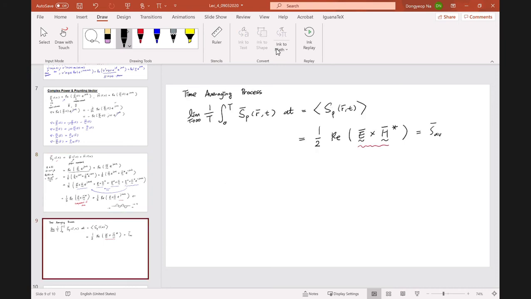Then we are going to define this as a complex power. Complex power, also called a complex Poynting vector.